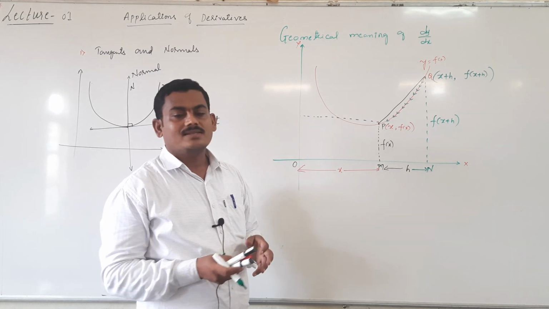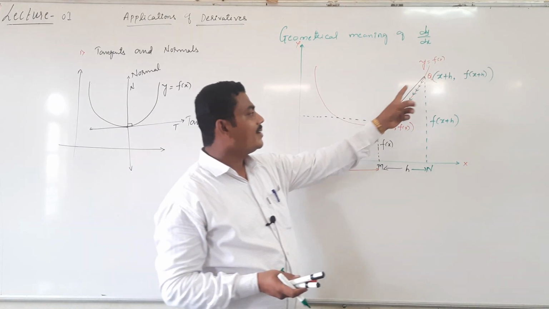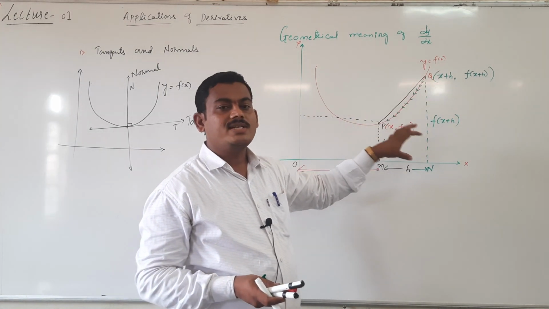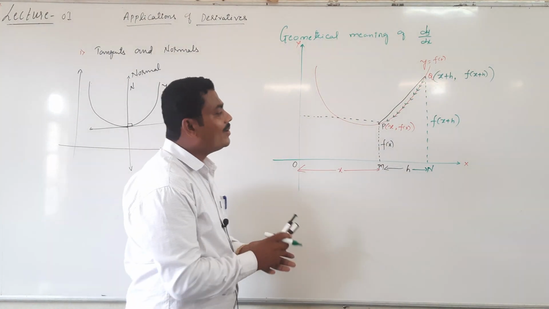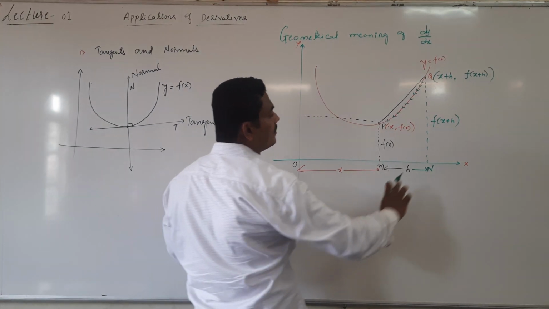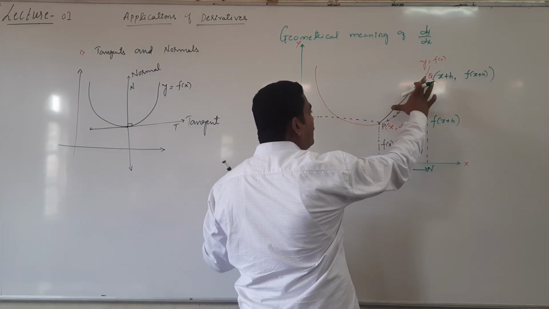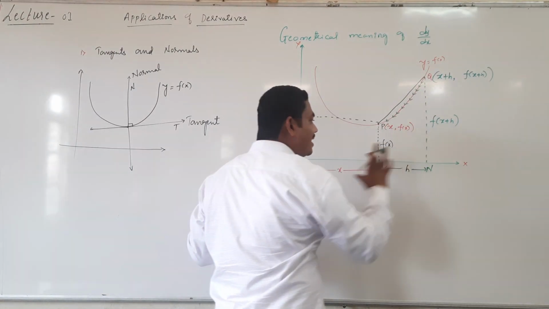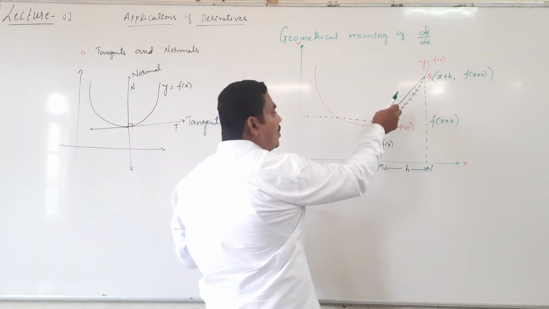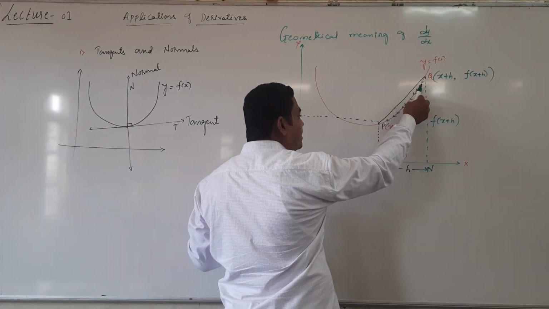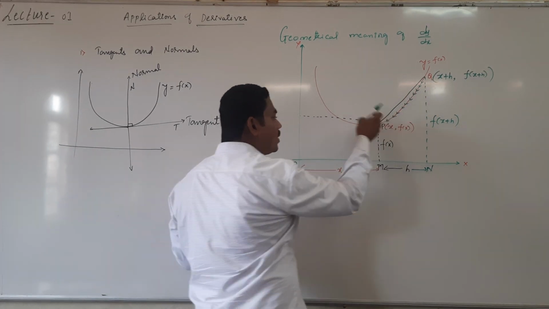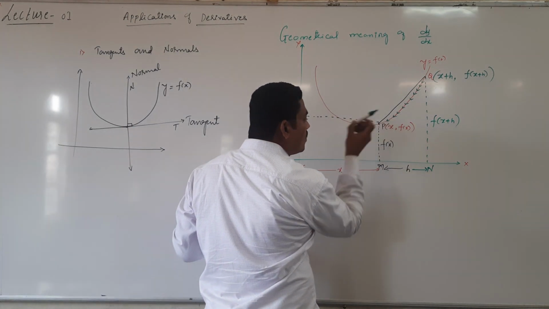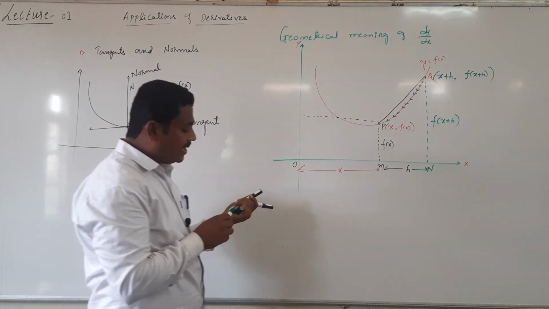then what happens? When this point is closer and closer to point P, the PQ line length also decreases and this height also decreases.